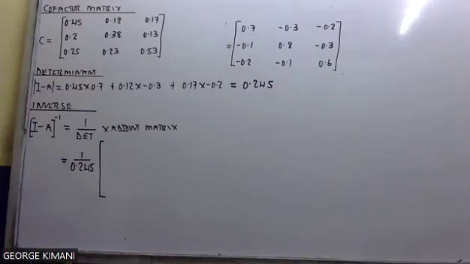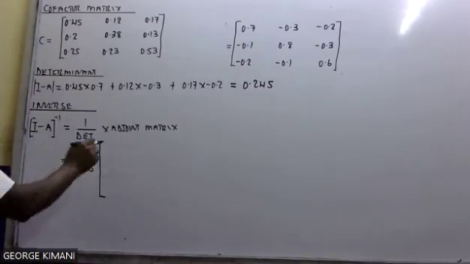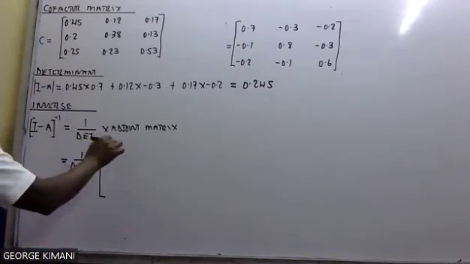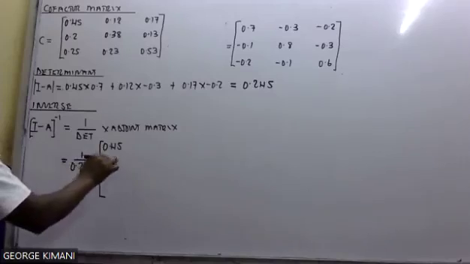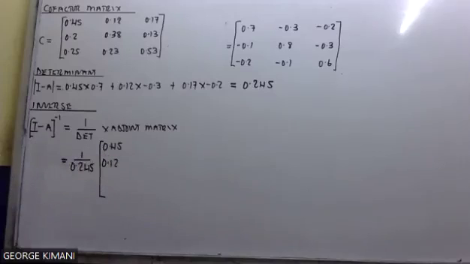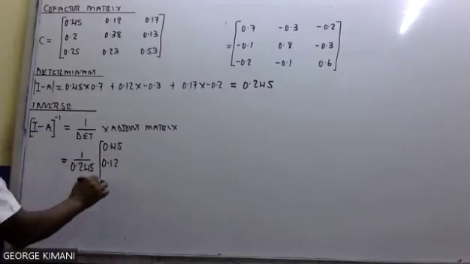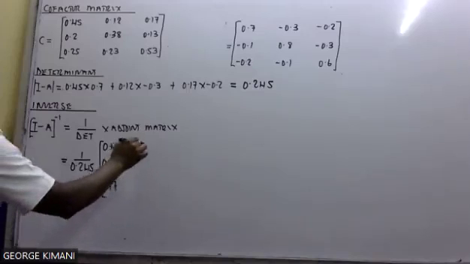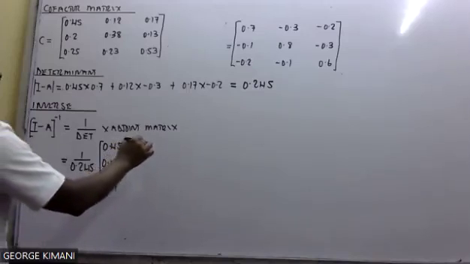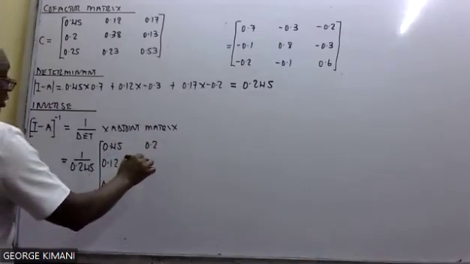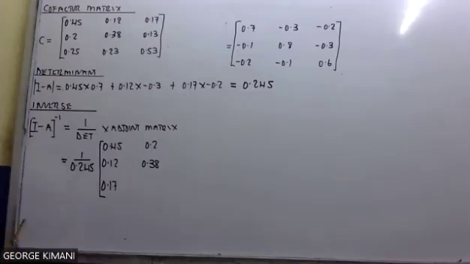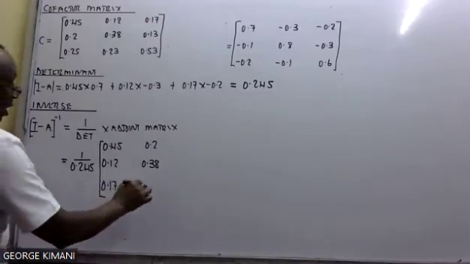So you take 0.45, then 0.12. Sorry, it's 12. Okay, 0.17, and 0.17, 0.2, 0.38, 0.13.